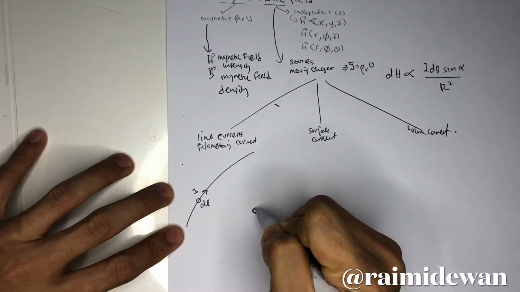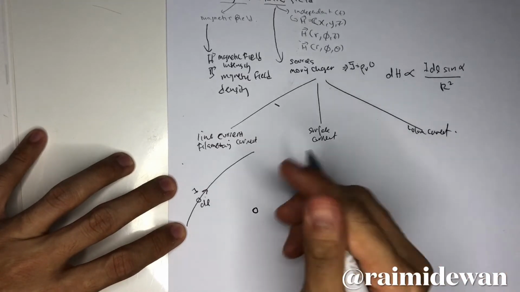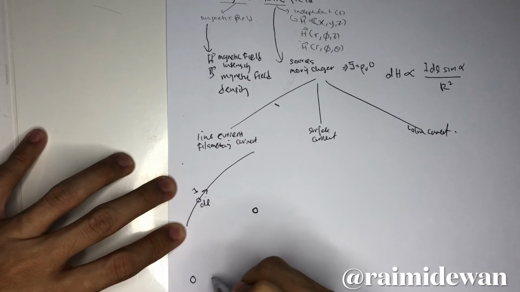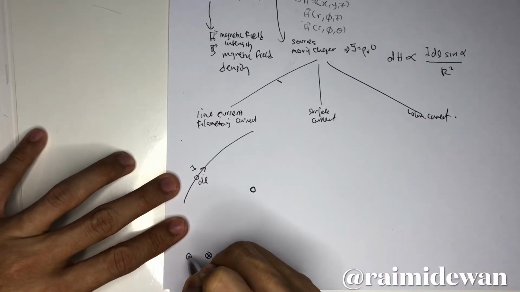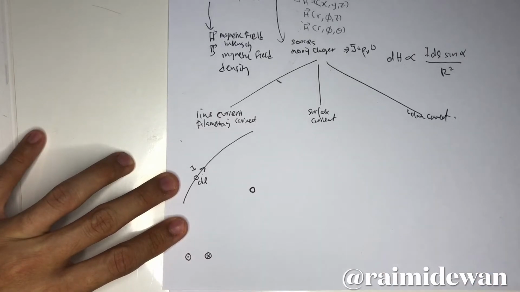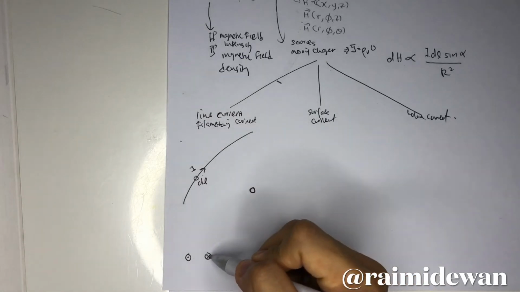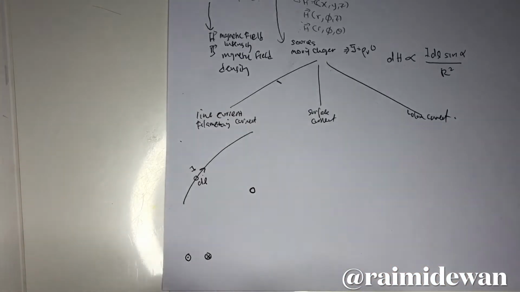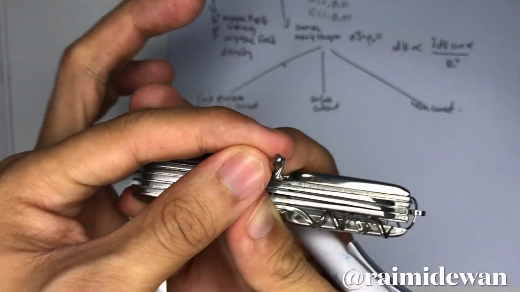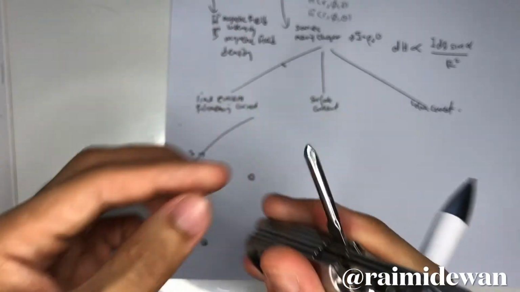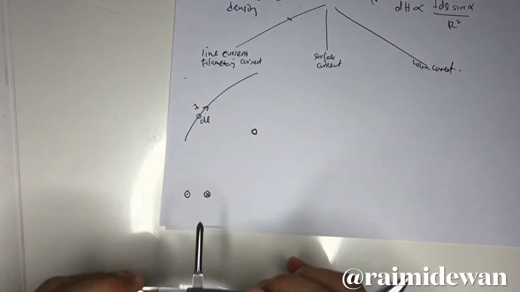In the magnetostatic field, you need to be aware of these two symbols, like this and like this. I think you learned this in your secondary physics, or maybe in your electrical subject. What does this mean? This one means it is going inside the paper, like the cross shape of a screw.